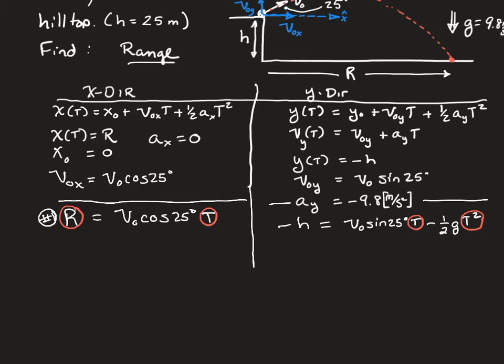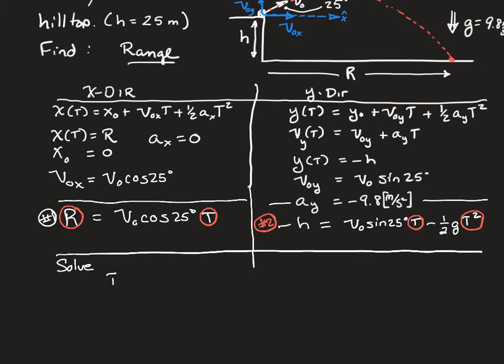So I can go one of two ways. I could either solve for t out of this number 2 equation, or I could solve for t out of the number 1 equation. I don't know what's better. I guess I'll go ahead and solve for t. So I'm at this stage now where I start to solve. So t equals r divided by v naught cosine 25.